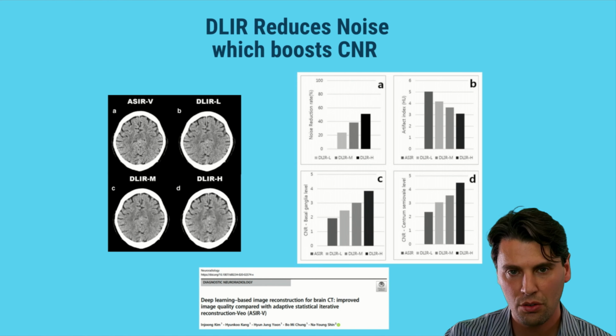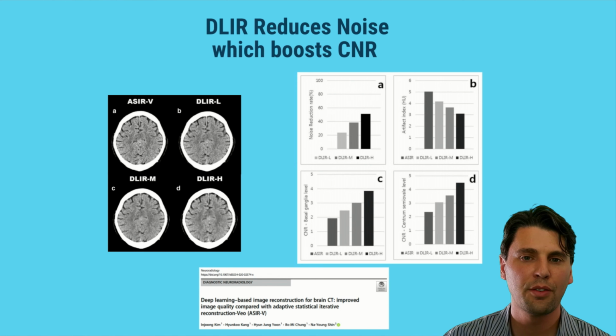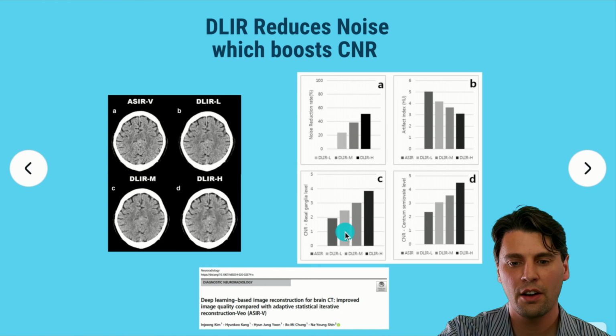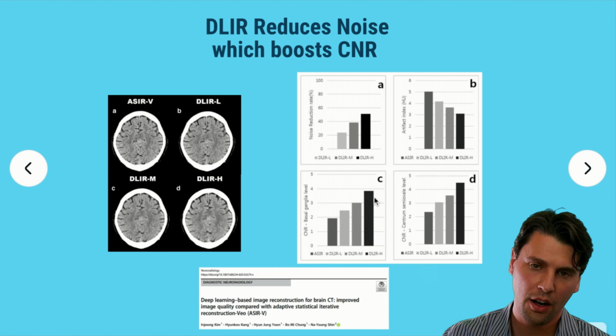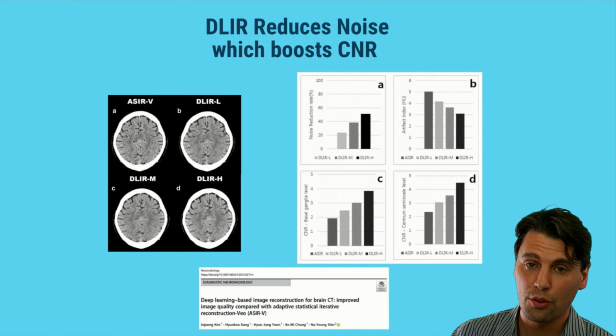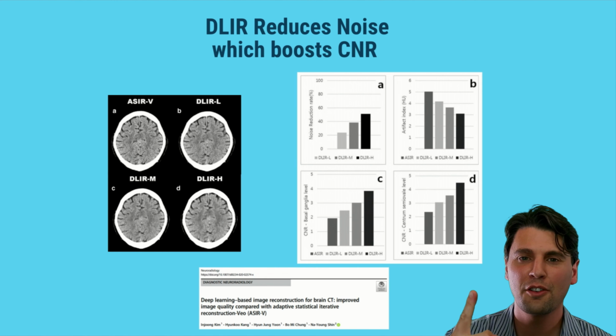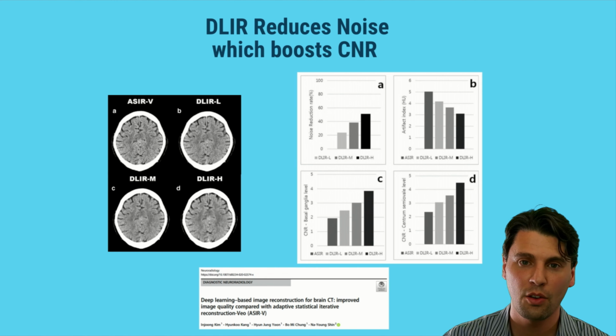We're looking at soft tissue structures. They're just several Hounsfield units different. And if you look at the standard of care iterative reconstruction, you're looking at contrast to noise here that's around 2. That's increased to close to 4 in the case of our higher level strength of the deep learning reconstruction. So we've achieved our entry ticket of improving the contrast to noise.